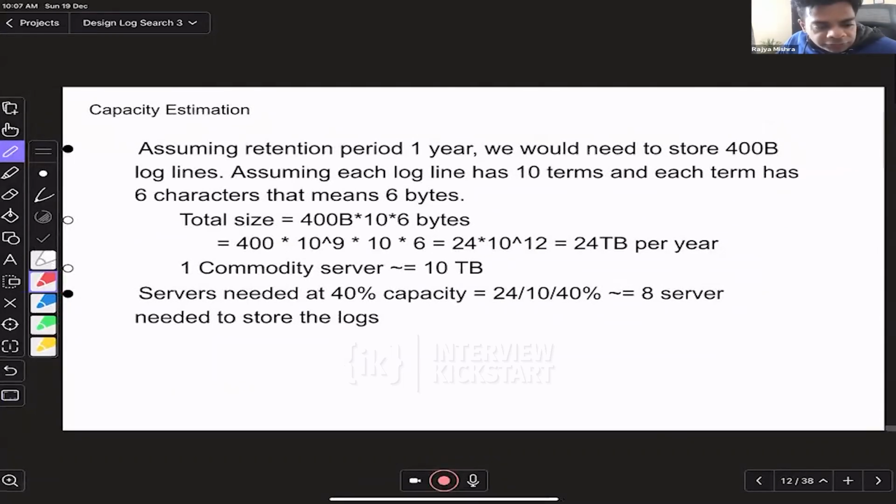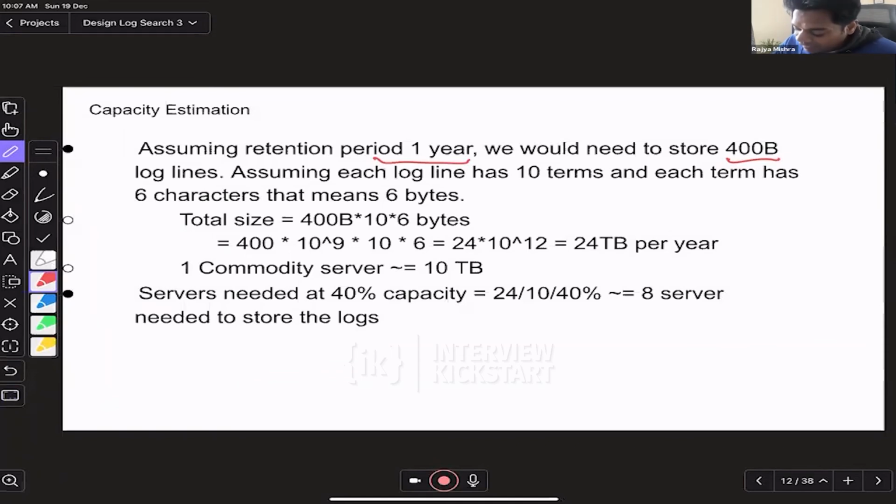Now similar calculation for the storage as well. If we have 1 year of retention period, and let's say we are emitting a huge number of log lines, say 400 billion log lines every day.